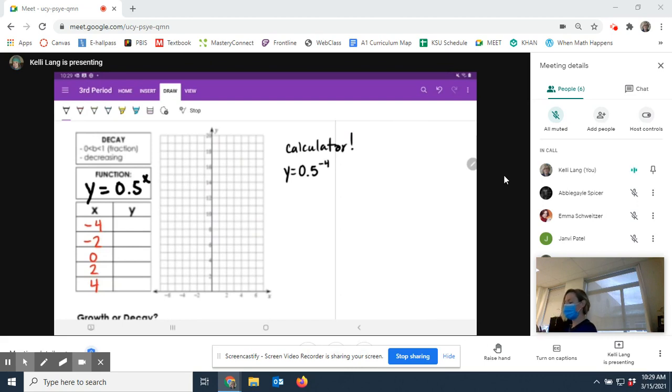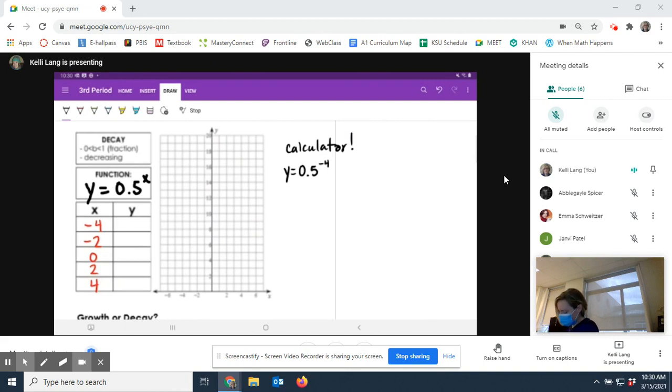So type in 0.5, hit your little caret button on the right side, and then type in -4. One thing to watch out for, the minus button and the negative button are different. If you type in the minus, you will get an error, a syntax error. If you type in the negative, you'll get the right answer.